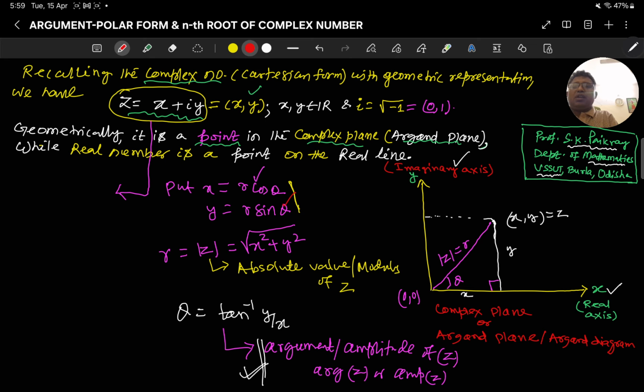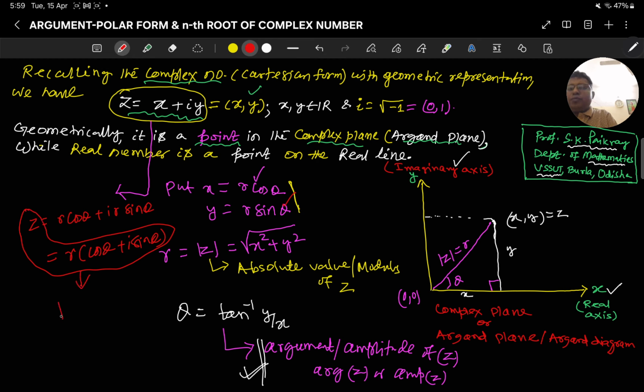So z is equal to r cos theta plus i r sin theta, that is, r into (cos theta plus i sin theta), and this is your polar form of a complex number, with r equal to the modulus of z, the distance from the origin to z, and theta equal to the argument of z, tan inverse y by x.